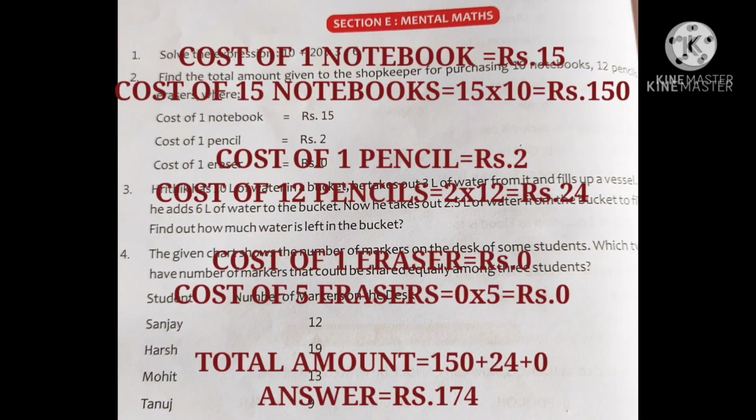So now we have to add 150 and 24. So 150 plus 20, 170 plus 4, 174. So 174 will be our answer.